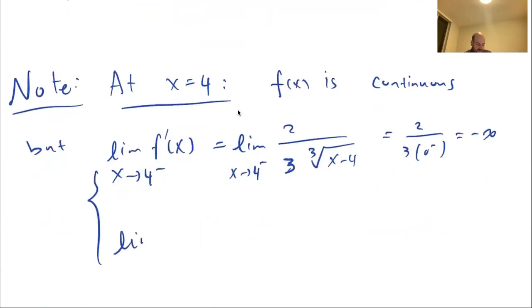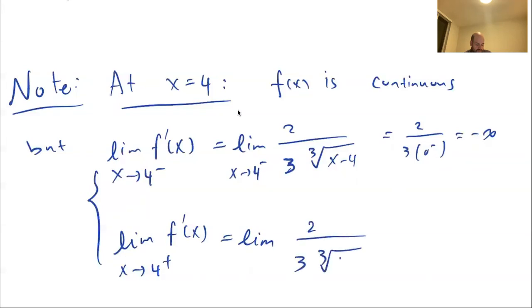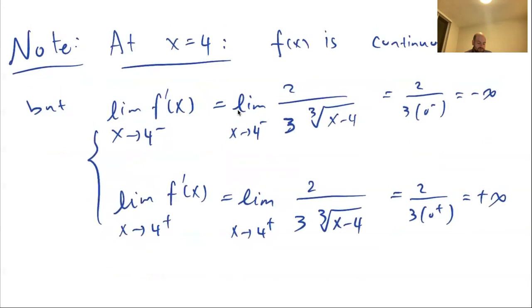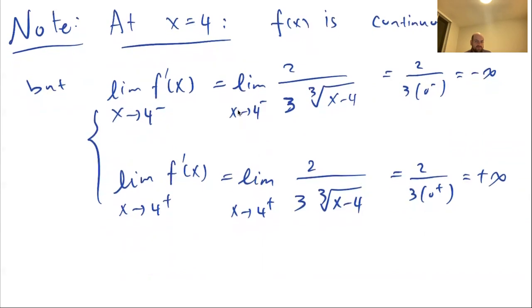And the right limit of f prime at 4 is 2 over 3 cube root x minus 4. And that's 2 over 3 times 0 plus, which is plus infinity. Okay, so f is continuous, but f prime goes to infinity or minus infinity.